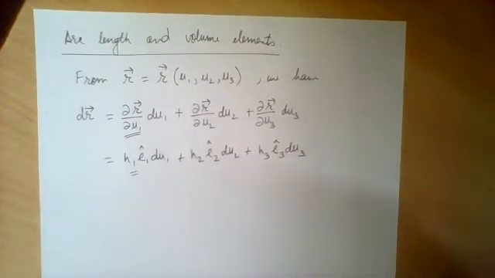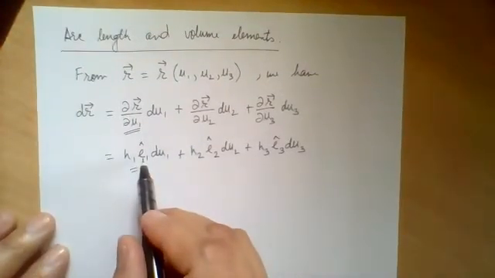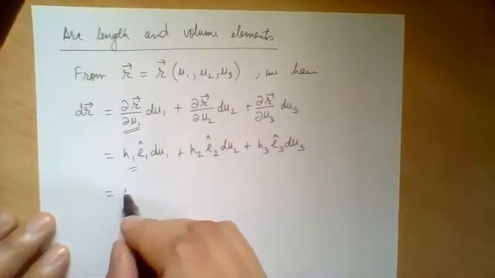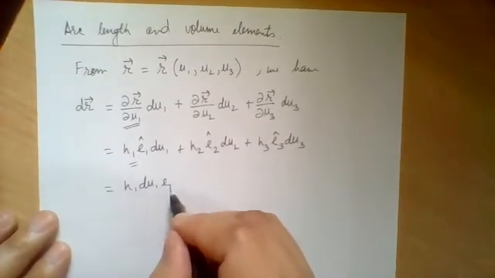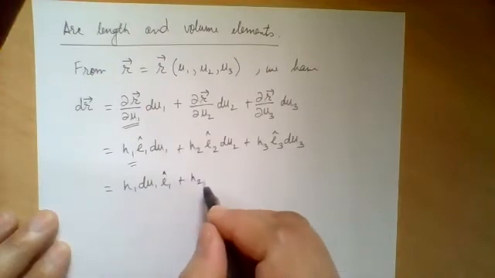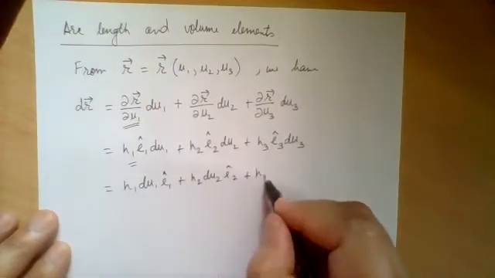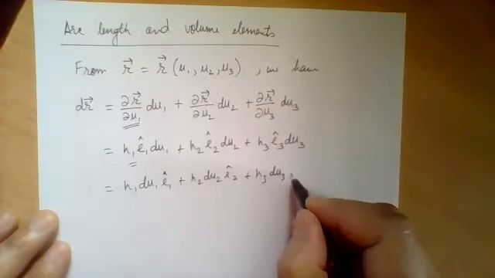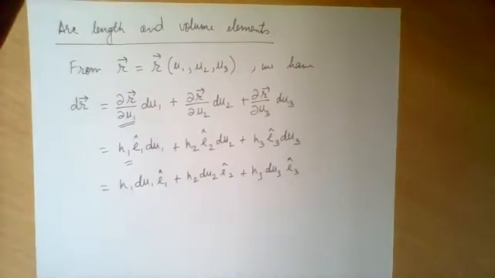We can keep the unit vectors at the last, so let us write it as h1 du1 e1 plus h2 du2 e2 plus h3 du3 e3.